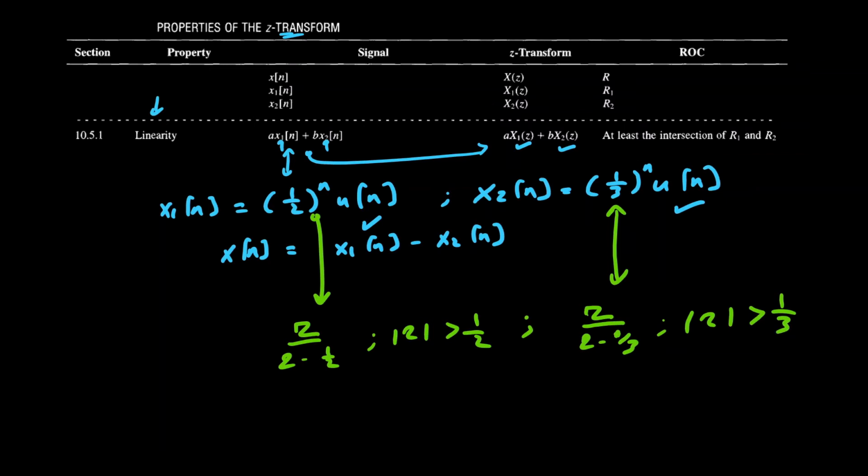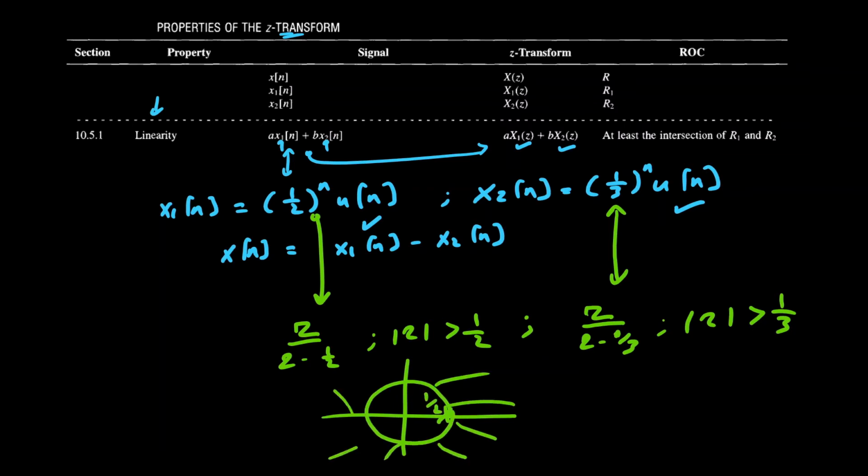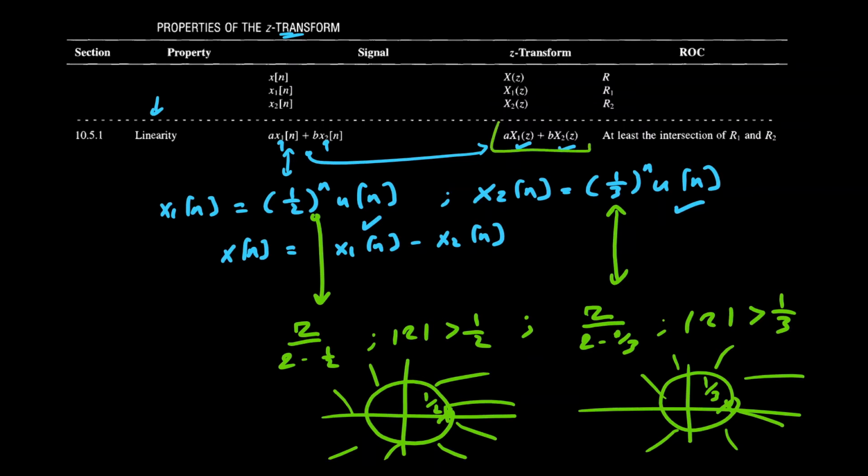So independently, each one of them has an ROC which is outward of their respective pole. So 1/2 and it is outside. And similarly, for this one it is 1/3 and it is outward. But from the linearity property, it states that the intersection of R1 and R2 would be considered.